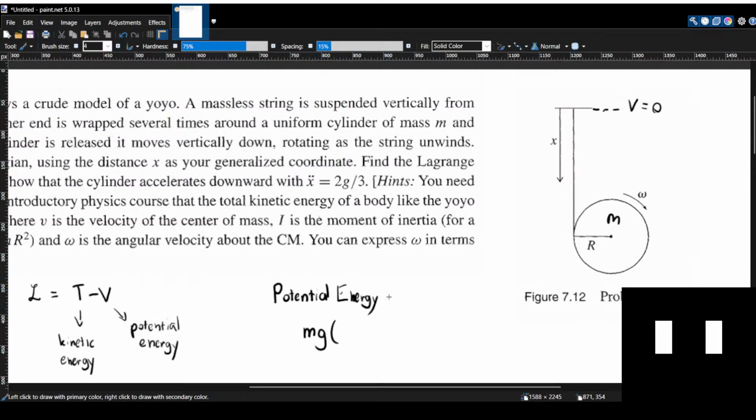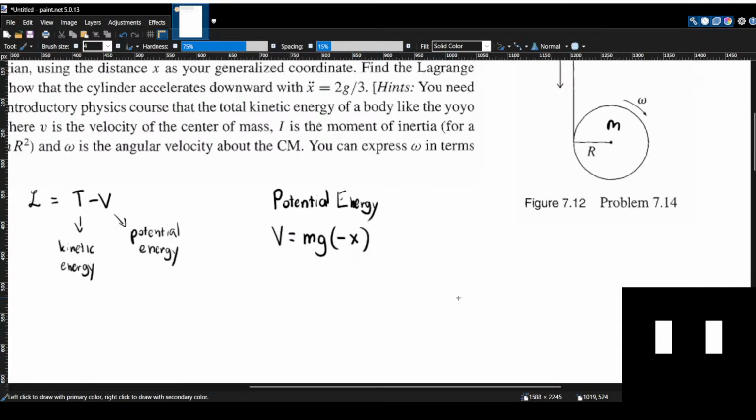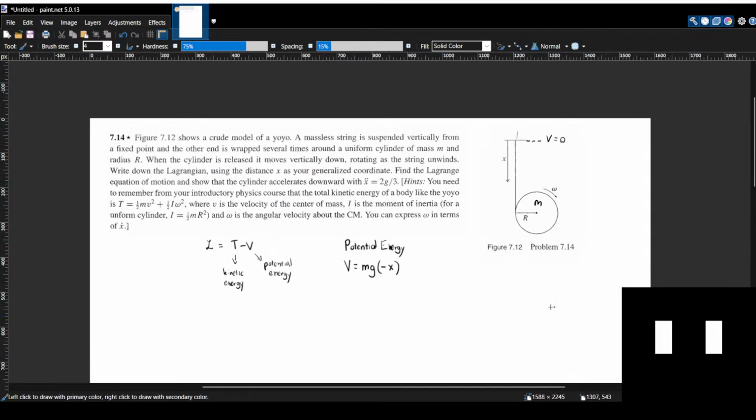But in this case, h here is the distance x downwards. x extends downwards, so this is actually mg times minus x, because h is how far above V equals 0 we are. As we go further downwards, x increases. So the potential energy V here is equal to negative mgx.